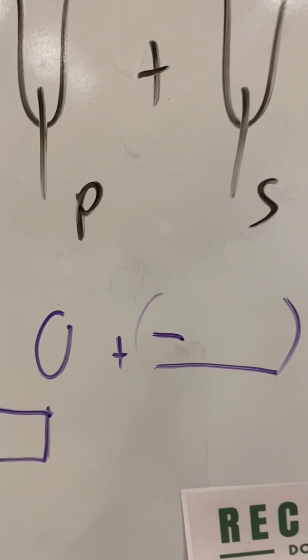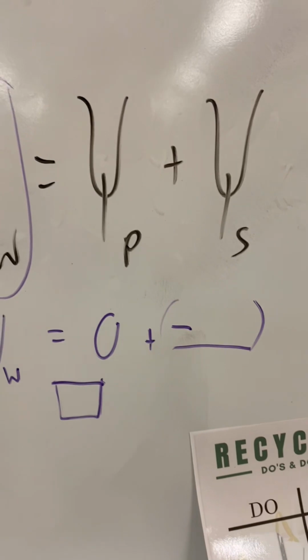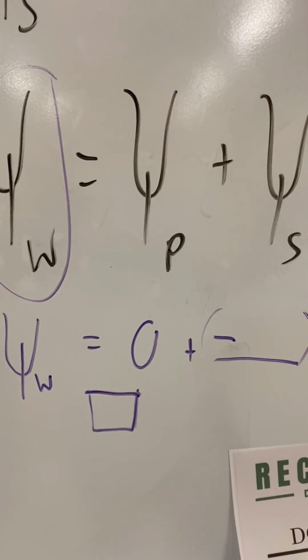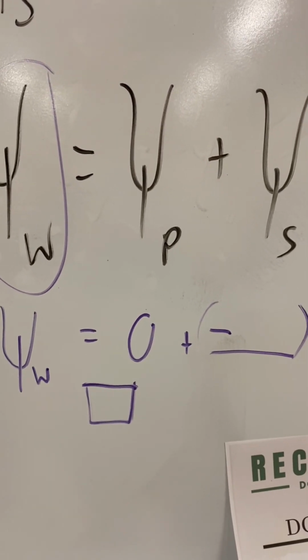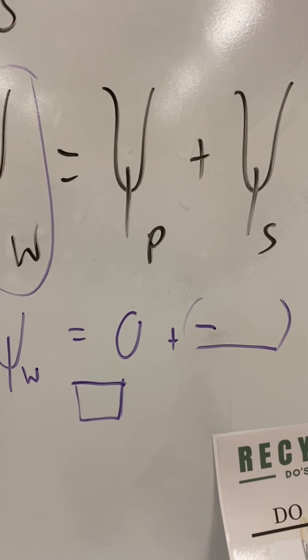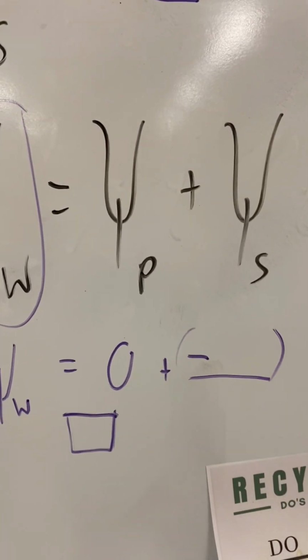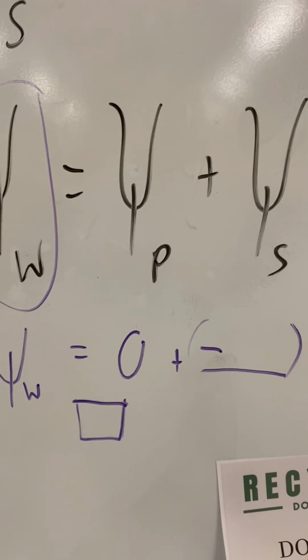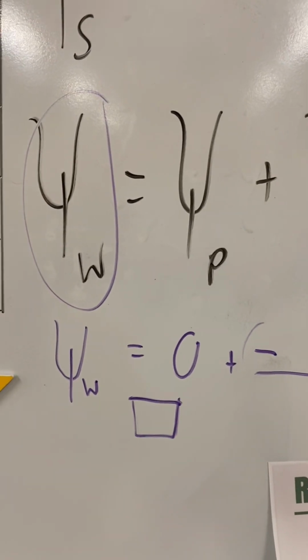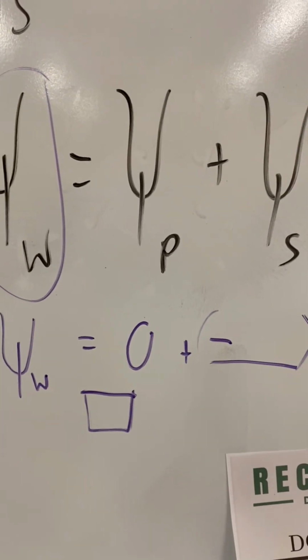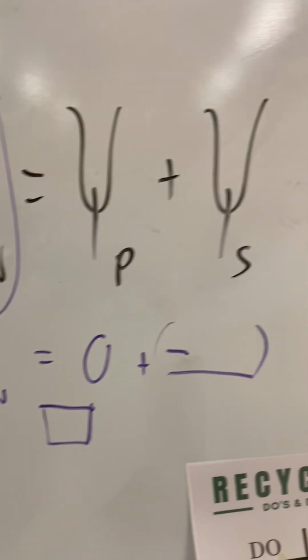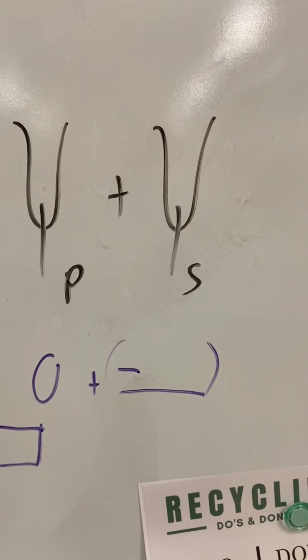If there was any pressure involved, then that number would change. And pressure would be positive. So if you have, let's say, a negative value of 3 for the solute potential and 5 for the pressure potential, then your water potential would be 2. But pressure is 0, so your water potential is the same number as the solute potential that you just calculated.